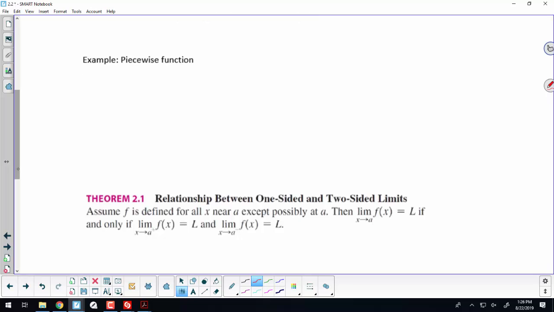So let's look at an example of a piecewise function. Let's say we'll have this horizontal piece here at 3, open circle at an x value of 2.